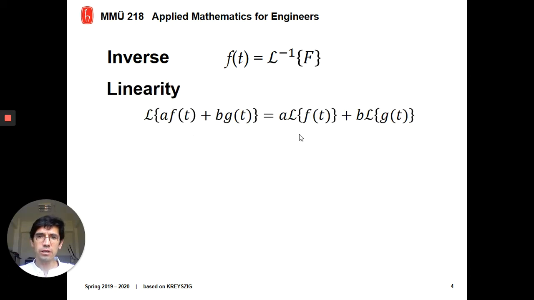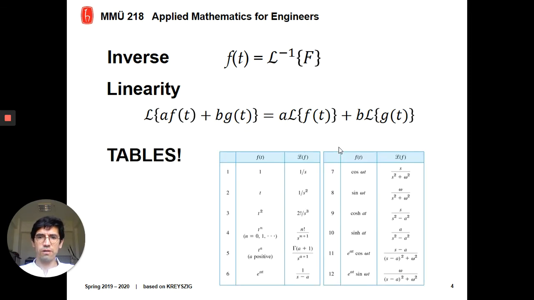And it's linear. So that's a good property. If it's multiplied with a scalar, I can pull out those scalars and turn the addition into straightforward addition of Laplaces.